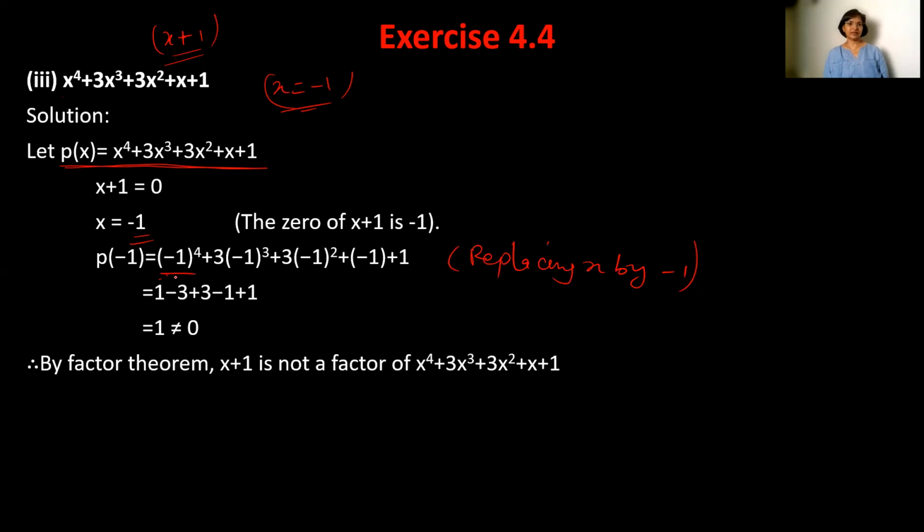So again, this will become 1. This will become minus 1, so 3 into minus 1 becomes minus 3. This will be plus 1, so 3 into 1 we get 3. This is minus 1 and then this is plus 1. So this positive and this negative becomes 0. This is positive, negative and this is positive becomes 0.